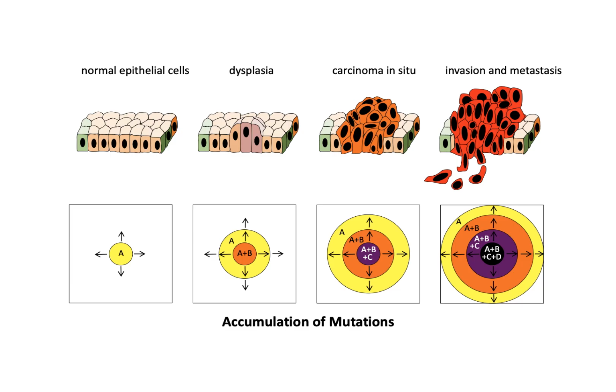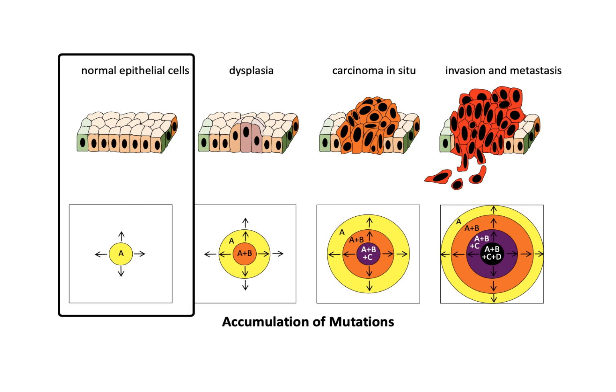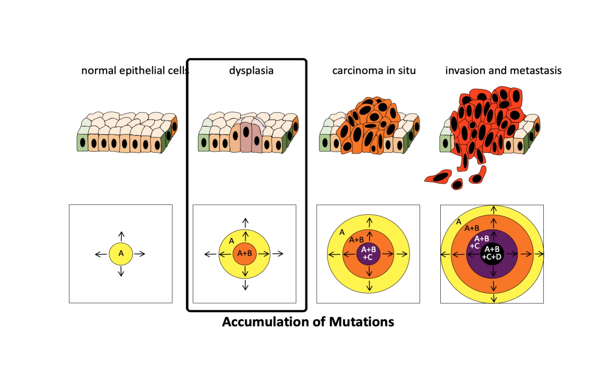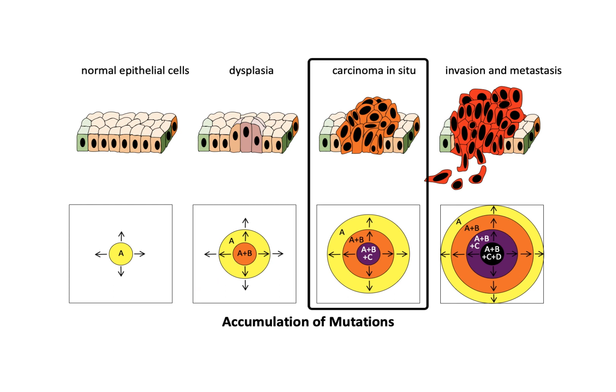As cancer cells grow, they start with usually a single mutation, and then they become more and more disorganized as time goes on with more and more mutations. So if you start here with normal epithelia, and then you have a mutation, this A here, later you'll have some dysplasia because you'll have in the center some of those cells developing a second mutation or a third mutation.